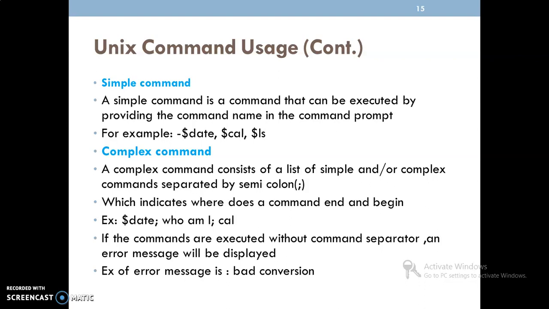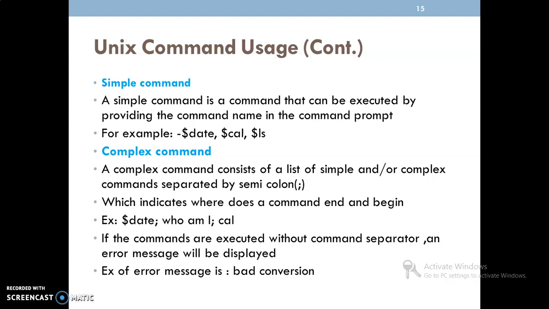With respect to Unix commands, usually we have two types of commands. One is the simple command and the other is the complex command. What do you mean by a simple command? A simple command is a command that can be executed by providing the command name in the command prompt. For example, date, cal, ls.